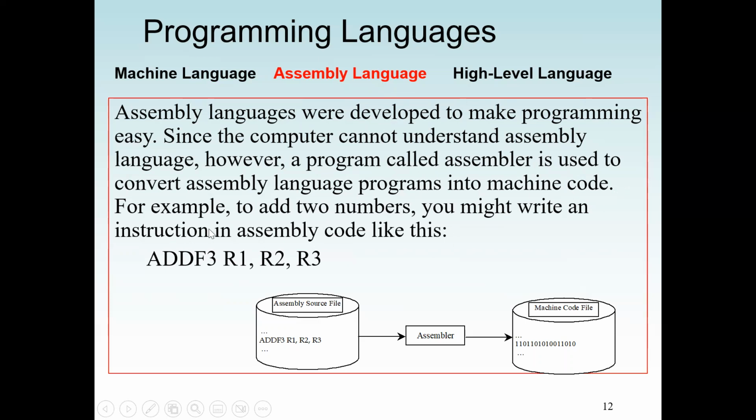An example is given here. To add two numbers, you might write something like this. Then again, we have to convert this. As we can see here, we have the assembler. This is called a source file. Then the assembler converts it to a machine code file for the computer to understand.